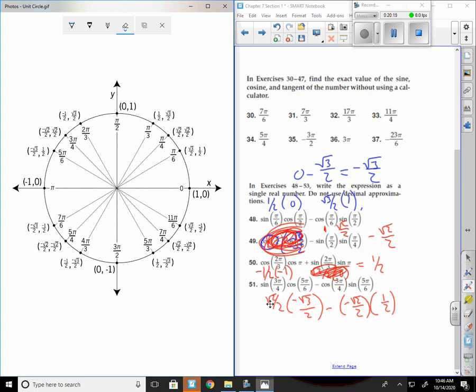When I multiply these out, a root 2 times a root 3 gives me a root 6. 2 on the bottom and 2 on the bottom means I multiply. That gives me 4. Over here it's going to be minus a negative root 2, so that becomes a plus root 2 over 4.